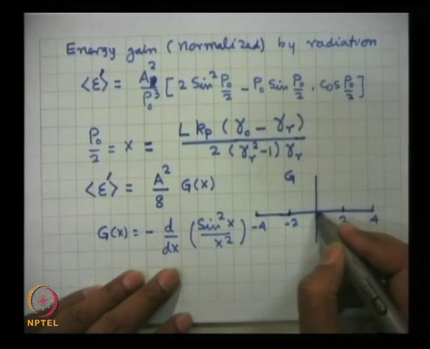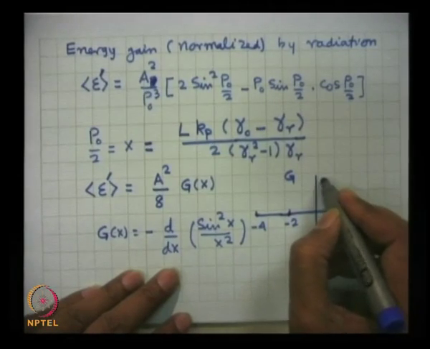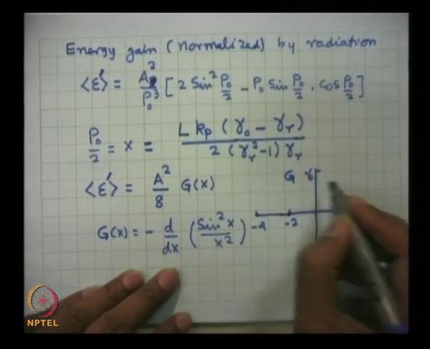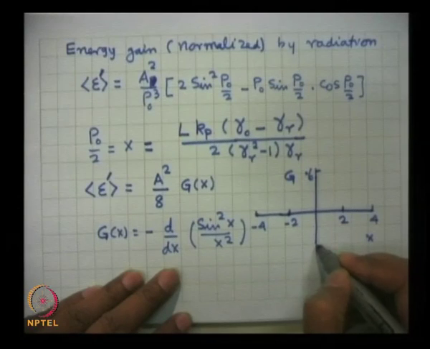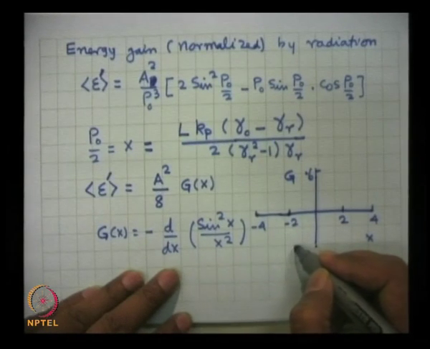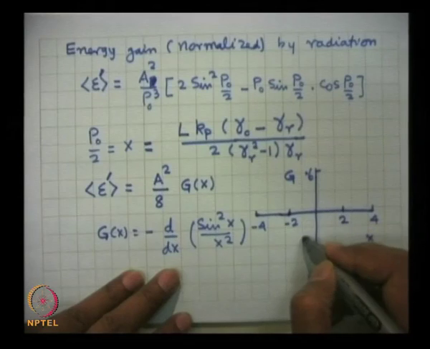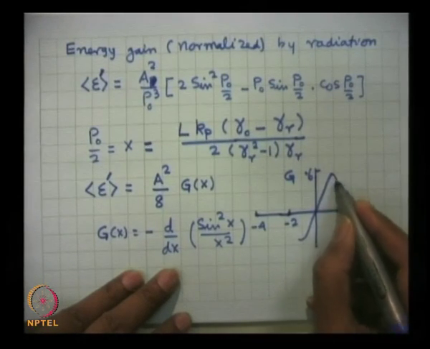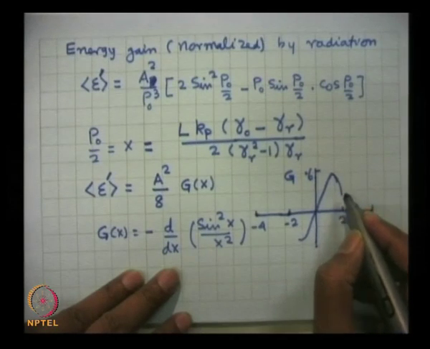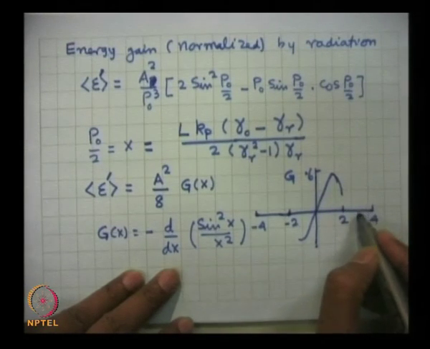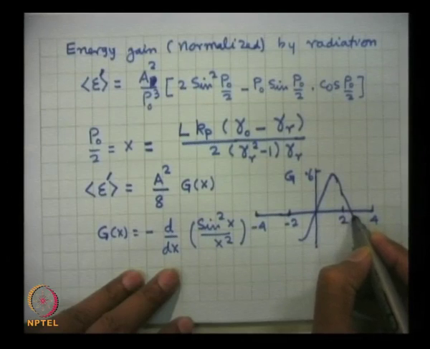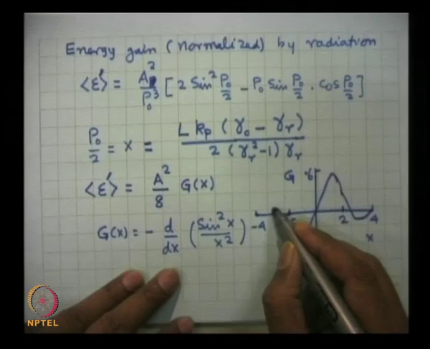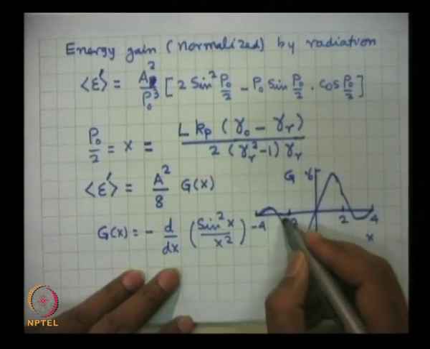This function is 0 when this is 0 and the peak value is around 0.6. So, it is 0.6 and this is minus 0.6 here. So, this function has a peak of 0.6 around 1.5. And this becomes 0 around 3, this goes like this. This sort of behavior it gets.